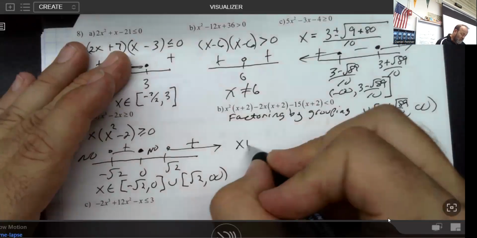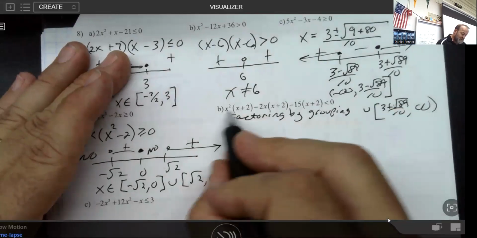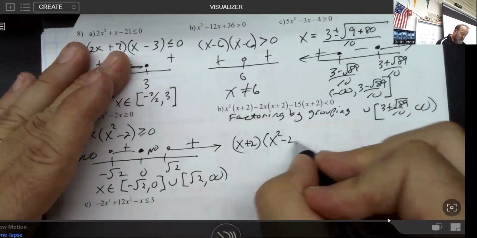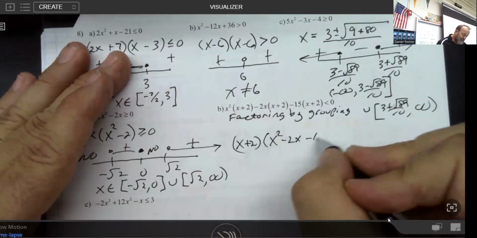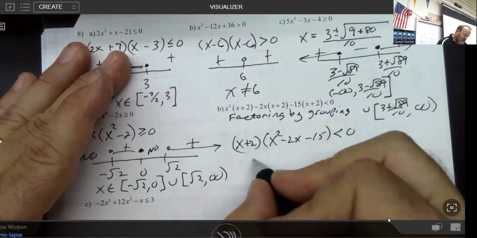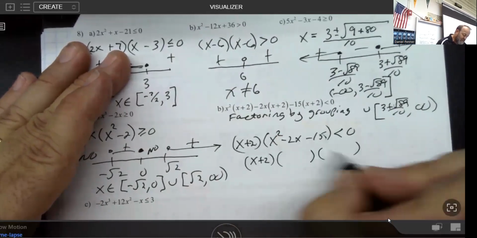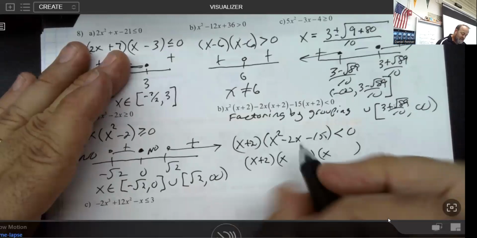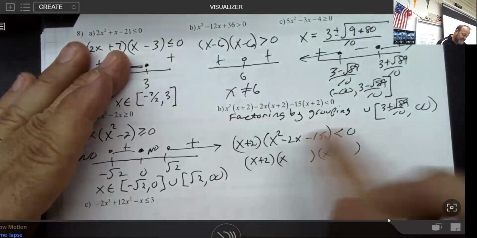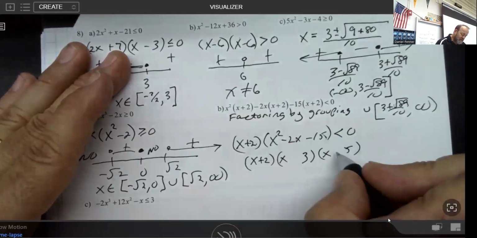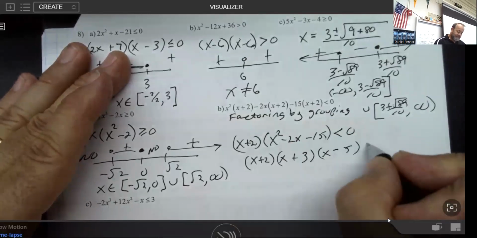So if I stole an x plus 2 from each one of these pieces, I would still have my x squared, my minus 2x, and my minus 15. And now that I've taken that out, I'm left with a very simple factorable quadratic because 5 times 3 is 15. But I could get the negative 2 if I made this one negative and that positive.